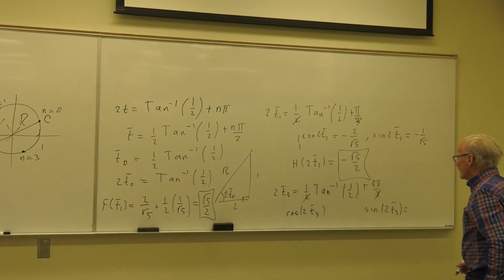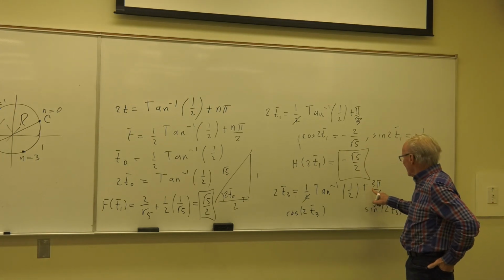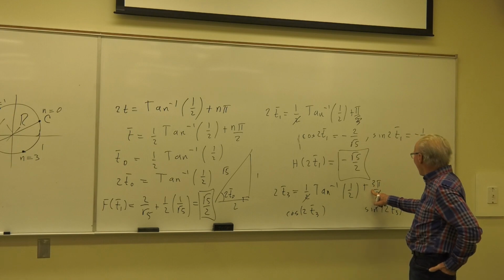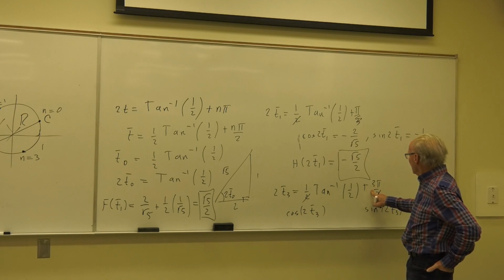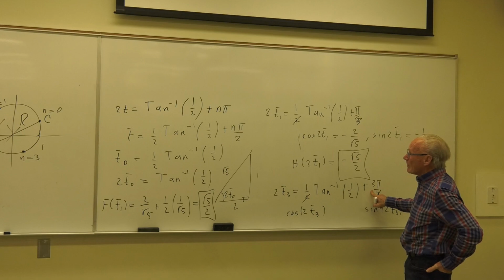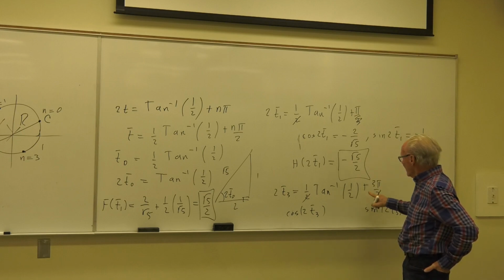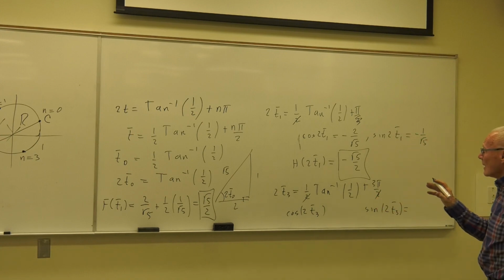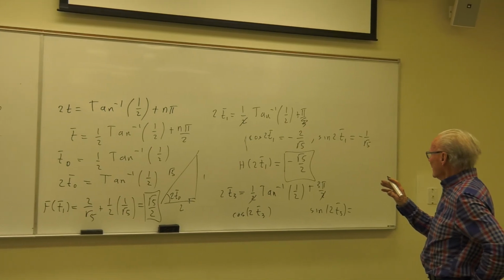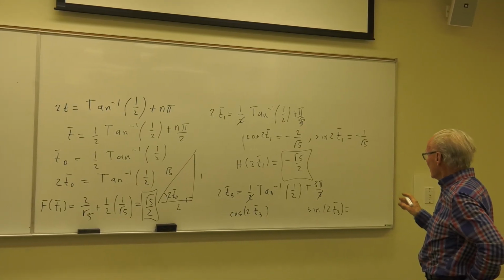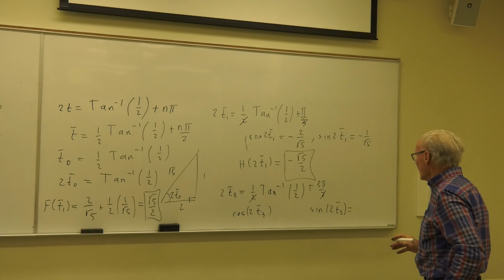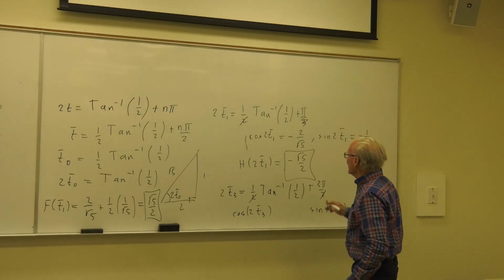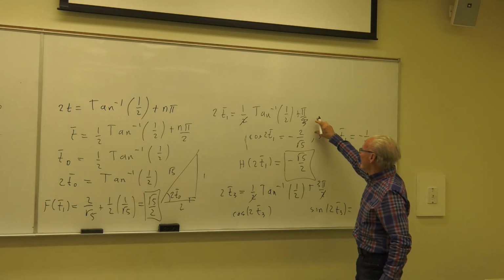We're still talking about this guy, but now you add on 3 pi. That one was 3 pi, that one was pi. Is adding on pi and adding on 3 pi going to give these same values here?